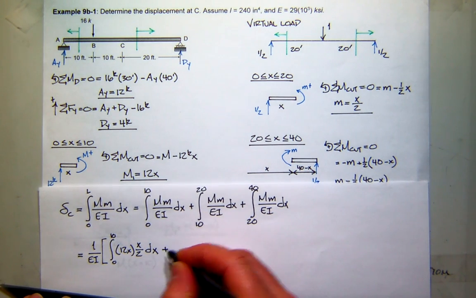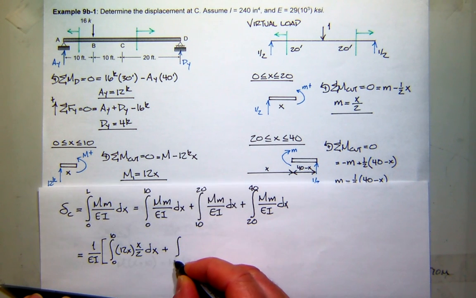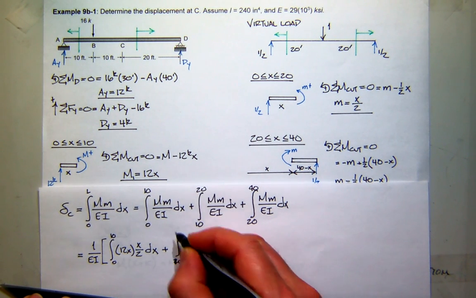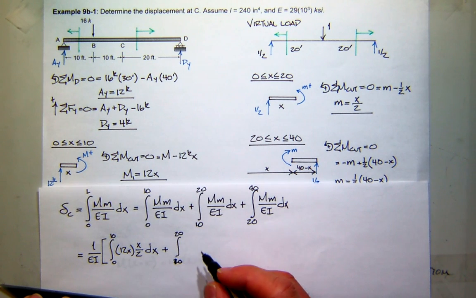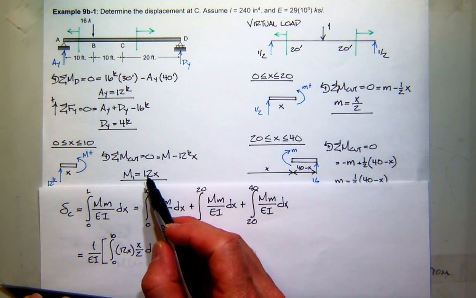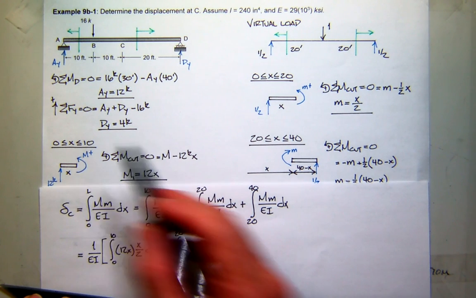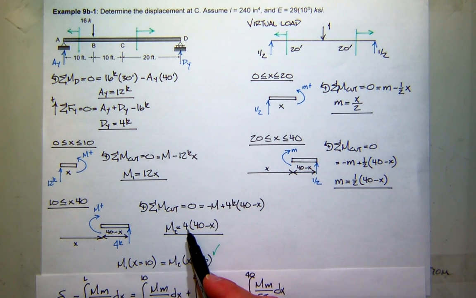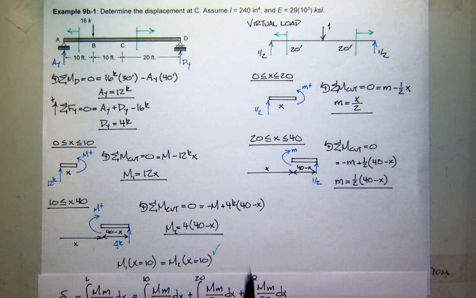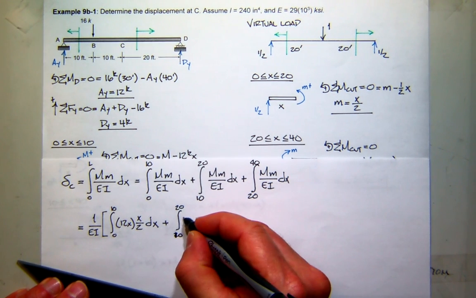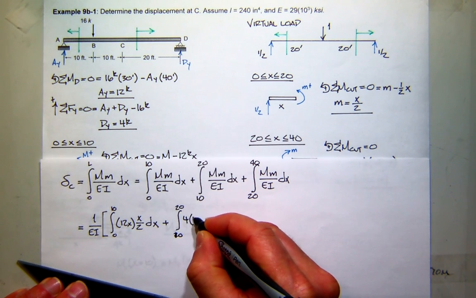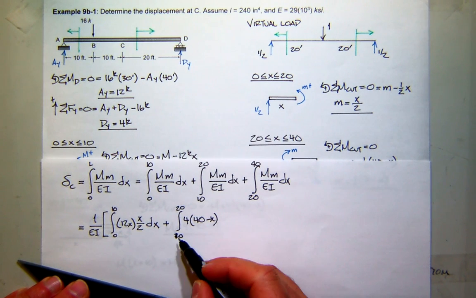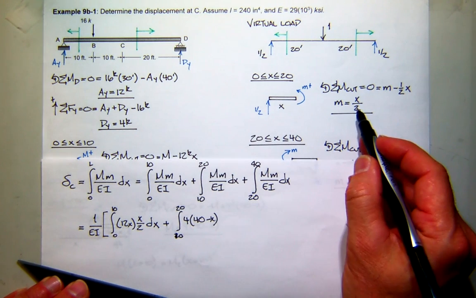Now I go to the next one, which is an integral from 10 to 20. This isn't good from 10 to 20, is it? But this one is 4 times 40 minus x. So this will be 4 times 40 minus x. That's my real moment. What's my virtual moment from 10 to 20? Still x over 2.